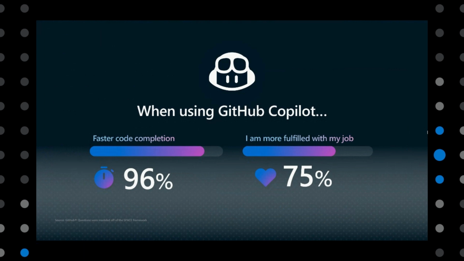These are awesome numbers, right? When you are in the flow, doing a complex task, imagine getting additional help without really bothering anybody else. So again, a lot of productivity just by using GitHub Copilot within your IDE.